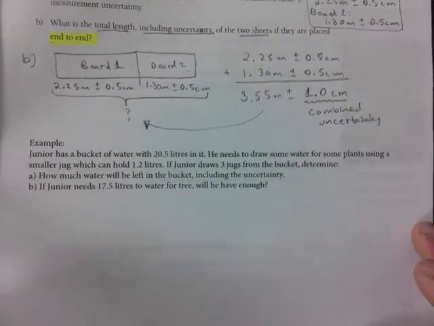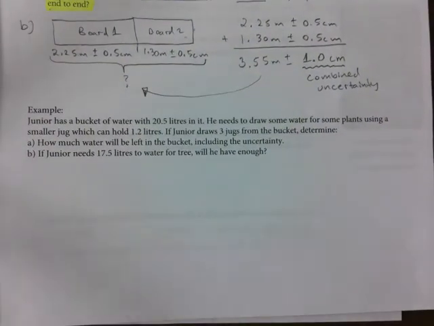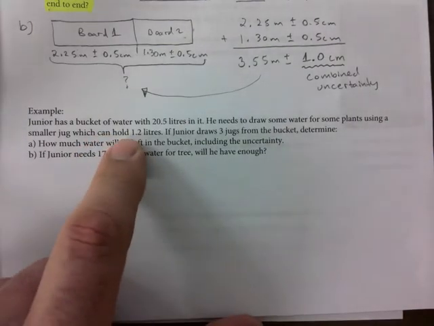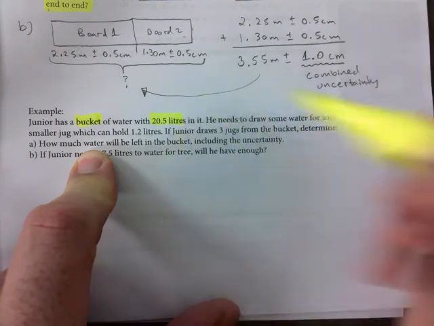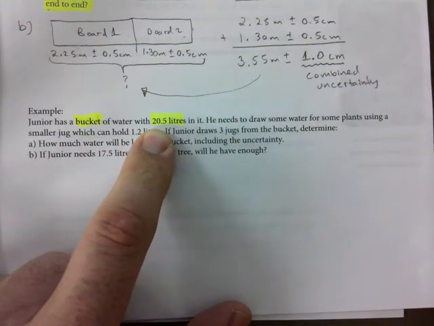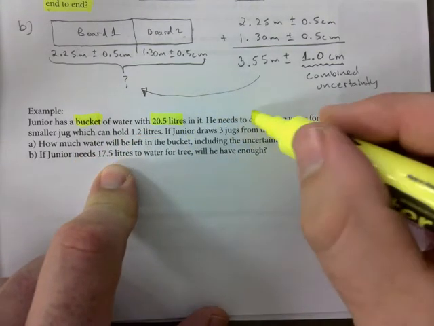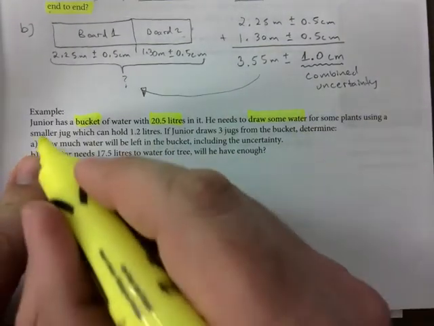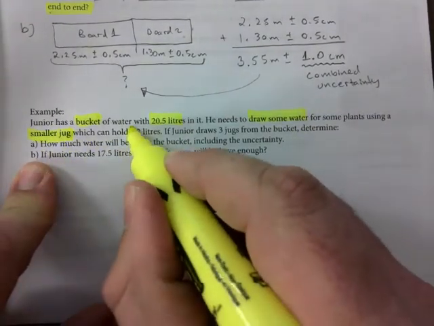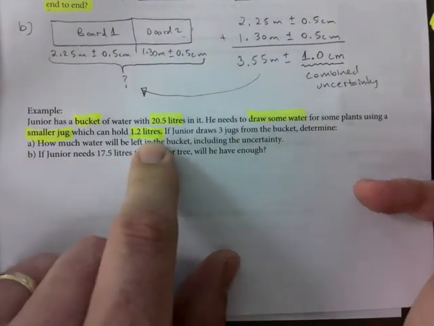Okay, let's do the next one, and then I'll give you tests. Junior has a bucket of water, and the bucket has 20.5 liters. He needs to draw some water for some plants using a smaller jug that can hold 1.2 liters.